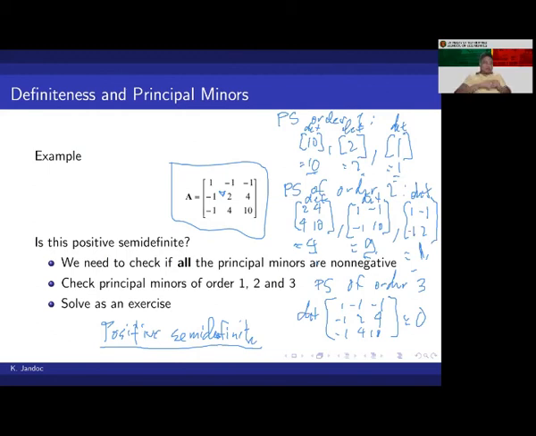Okay, so what's the beauty of this thing if you try to condense the lesson? Remember you have quadratic forms with matrices A, for example, that are not necessarily symmetric. Okay, so how do you determine the definiteness of the quadratic form?